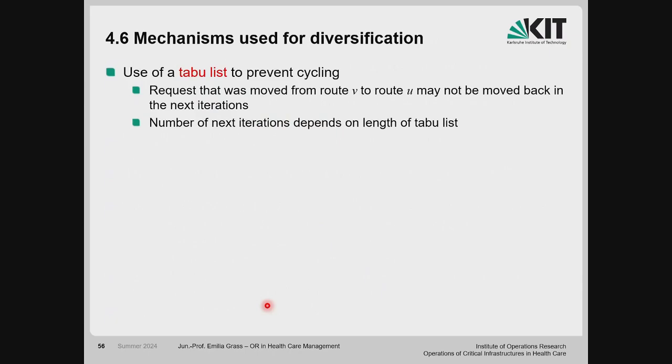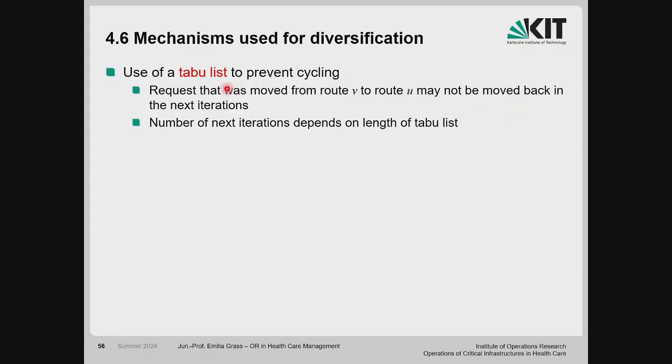So why do we need this diversification? It's again to escape this local minimum, so that we are not stuck. So therefore we use the taboo list to prevent cycling, in order to prevent that Peter is moved again and again. So a request that was moved from route V to route U won't be put back. So if Peter is moved from vehicle A to B, he won't be moved back to the first vehicle or first route.